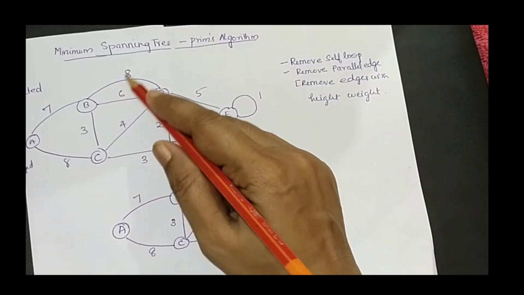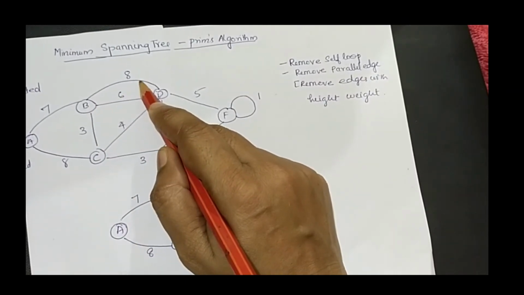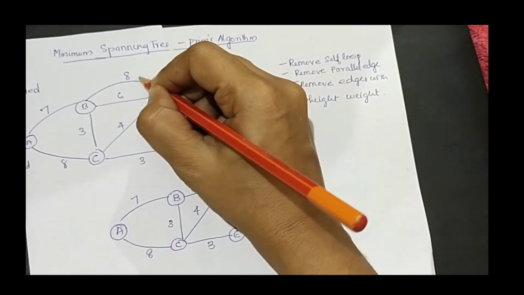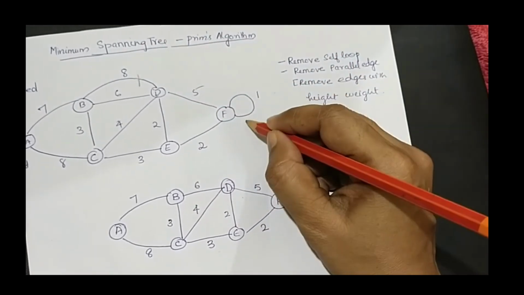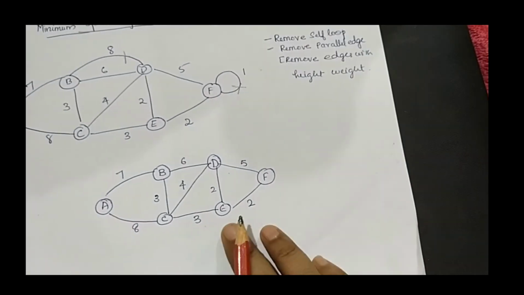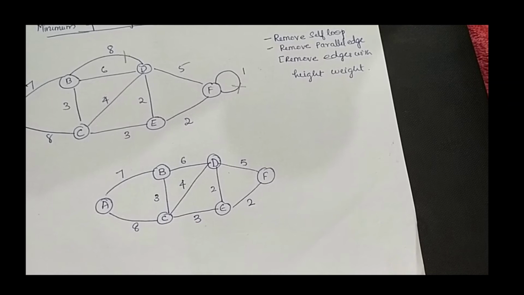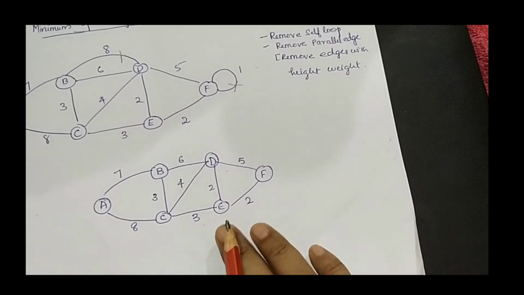Among these, which one has the highest weight? The 8 has the highest weight, so 8 has to be removed. So you remove this, and the graph will become as such. Now we are going to find the minimum spanning tree for this graph.